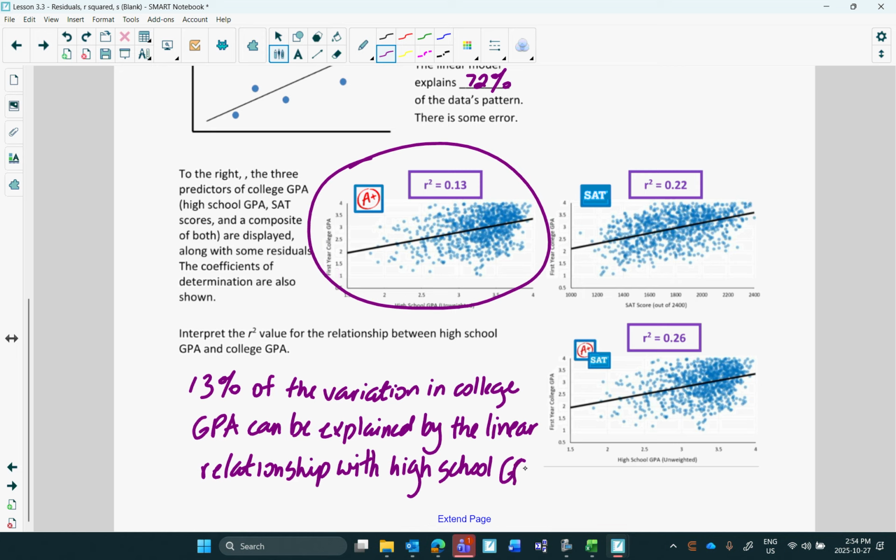That's not a big percentage. That's not great. Okay, that means there's a lot of other factors at play here.